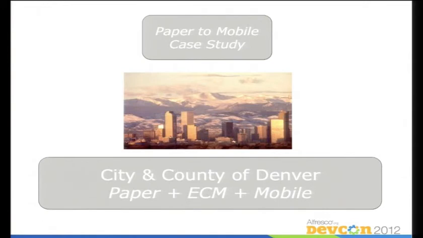So, for example, housing assistance or food stamps in the U.S., something like that. And there were cases in the past where folks would be approved for housing assistance, and then they'd get evicted before the process could complete and they could actually receive the assistance. So we helped them implement a scanning solution to get all of their content digitized and managed in a much quicker manner than before.